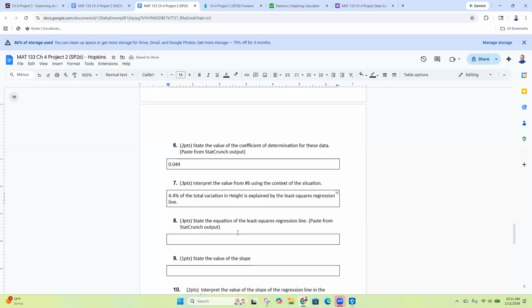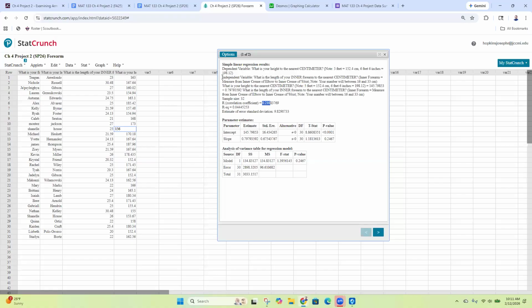All right. State the equation of the least squares regression line. So paste from StatCrunch output. So my equation is this. Now there's a problem because my titles are super long, so it's hidden somewhere in this mess. This right here is y equals.